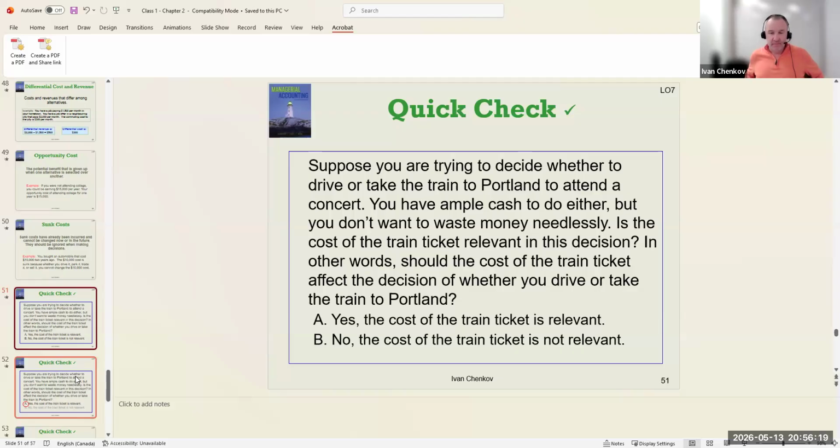Now the question is, is the cost of the train ticket relevant for your decision? In other words, does the cost of the train affect your decision whether to drive or take the train? Absolutely, yes. It's a relevant cost. No questions about it.